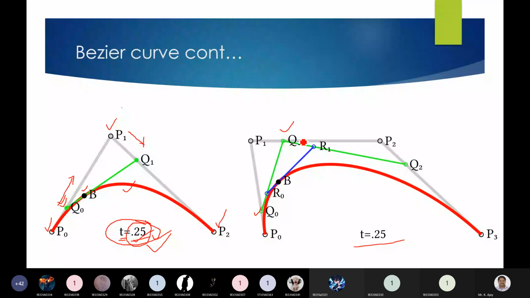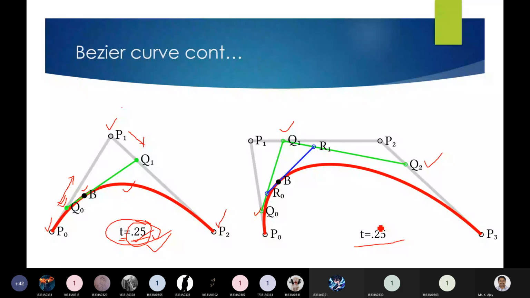These are only straight lines right now, because I haven't joined p3 to p0. But if I provide one more point p4, which matches p0, then I have to draw the line here also. That is also possible. If the initial and final points match, you get a closed Bezier curve. Right now we are discussing open Bezier curves.